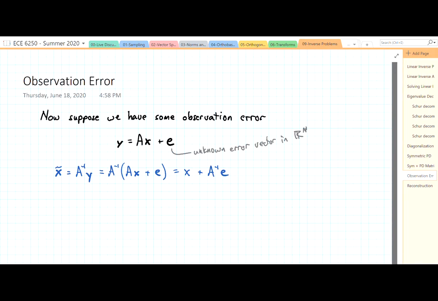So for this solution, our total error, x tilde minus x, equals A inverse times the error.